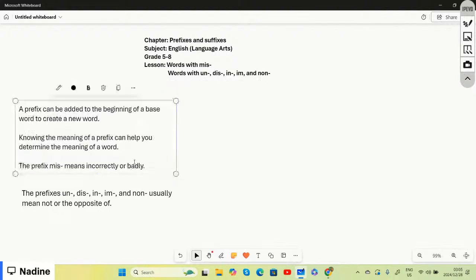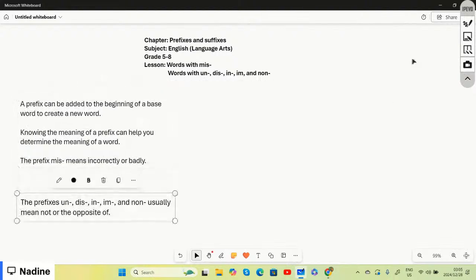So our chapter is prefixes and suffixes, our subject is English language arts, and we're doing grade 5 to 8. The lessons that we are going to be focusing on under this chapter are words with mis, as well as words with an, dis, in, im, and non.